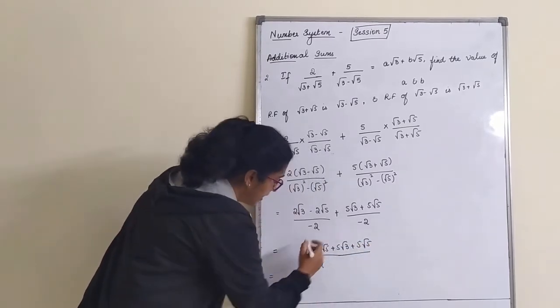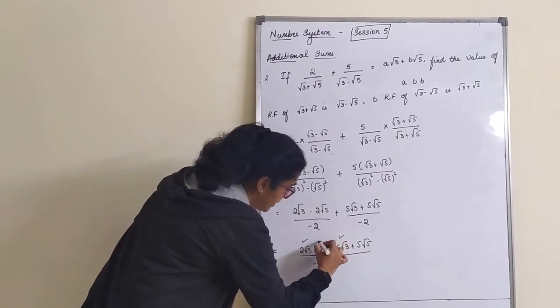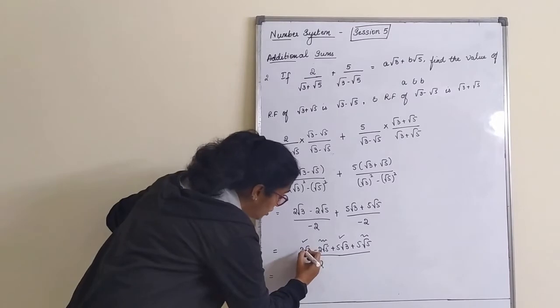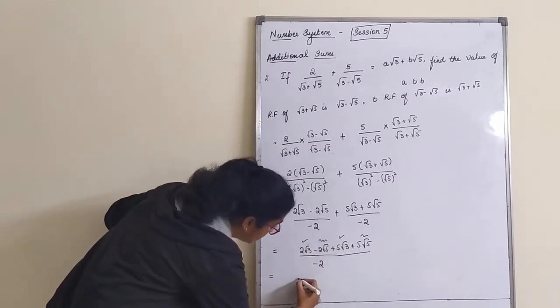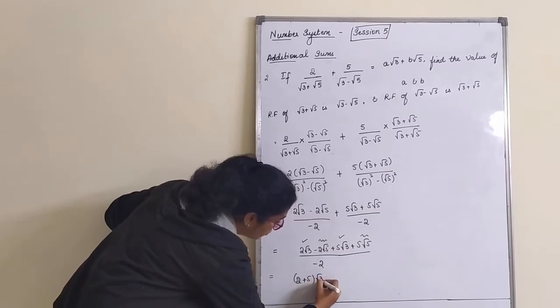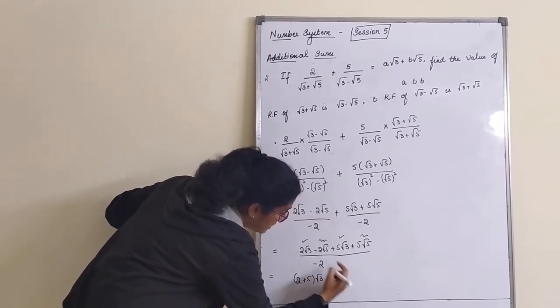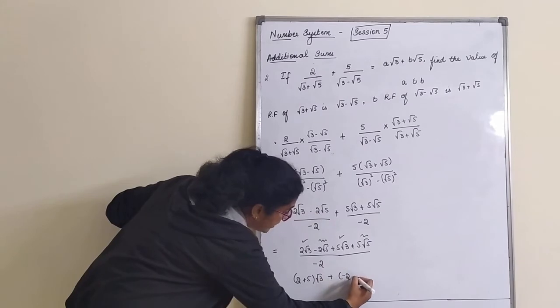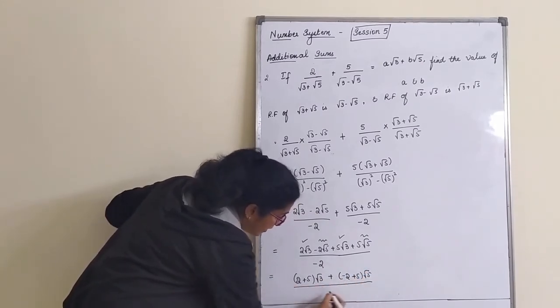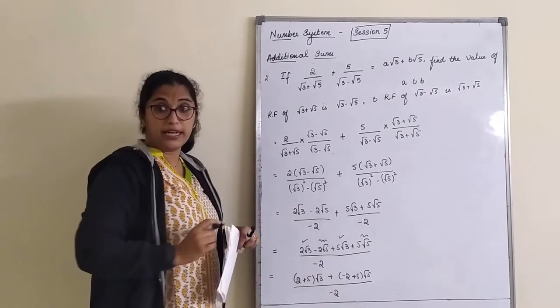Okay. Group the like terms. Root 3 is a like term. Root 5 and root 5 is a like term. So 2 root 3 and 5 root 3, I can write this as 2 plus 5 root 3, plus next, minus 2 plus 5 of root 5, divided by minus 2 as it is.